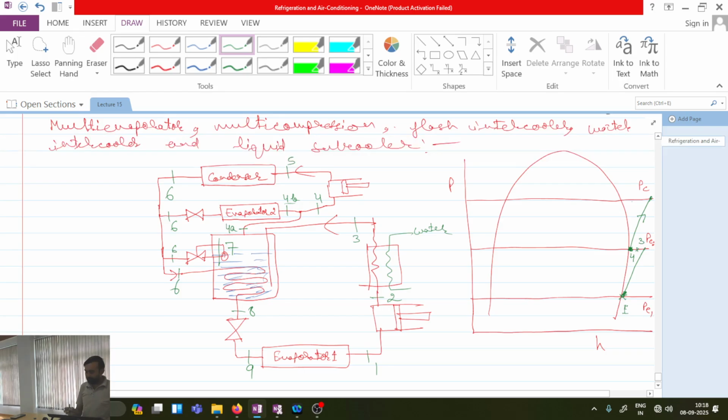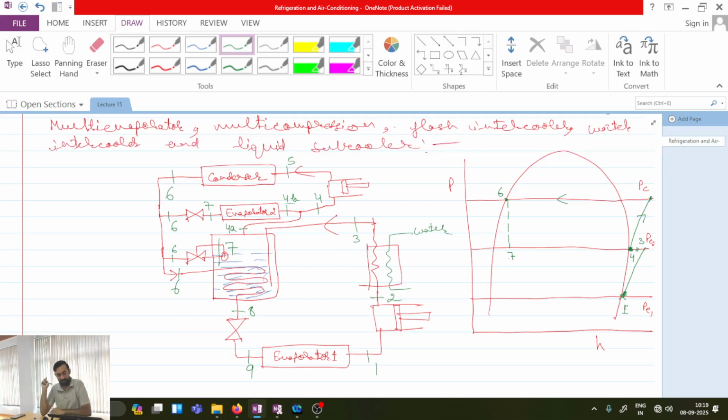Then from point 4, I will be having compression. Then 5 to 6 I will be having condensation. Ideally the exit of the condenser is always saturated liquid. Then 6 to 7 I have two expansion processes. One expansion is for entry to the evaporator, and the other expansion is for entry to the flash chamber. So for 6 to 7, you have to mention that there are two expansion processes.